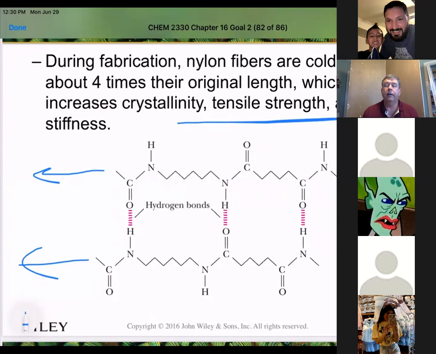When you do that, the hydrogen bonding groups start to align. The more hydrogen bonds you get, the more crystallinity you get, the more tensile strength you get, and the stiffer the polymer becomes, okay? So the polymer itself, when it's amorphous, can actually be quite rubbery, but by pulling it and drawing it out as a fiber or a film, it becomes much more crystalline and stronger and tougher.